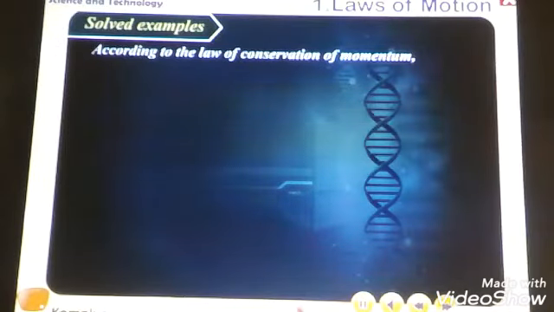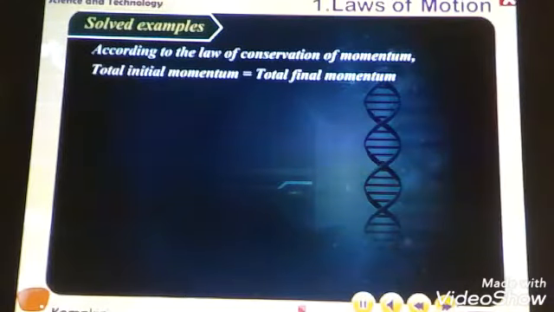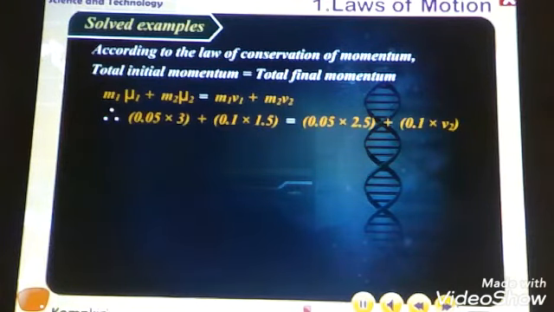According to the law of conservation of momentum, total initial momentum is equal to total final momentum. Therefore, m1 u1 plus m2 u2 is equal to m1 v1 plus m2 v2.